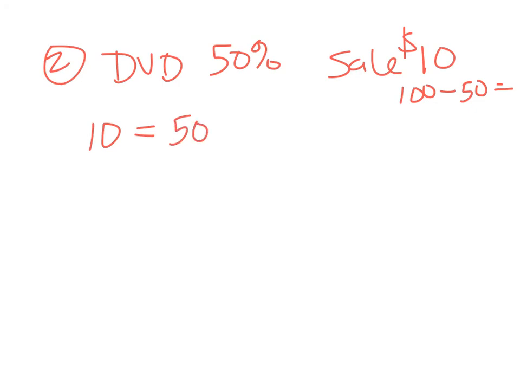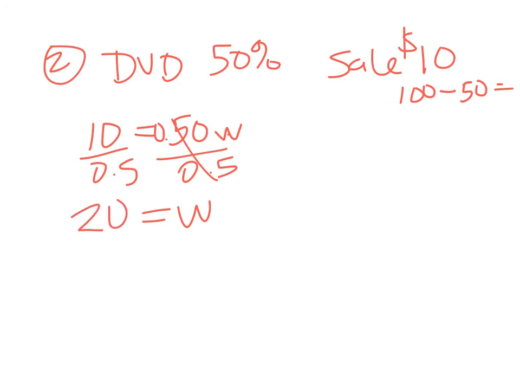So this is 50% of what number? And we make it a decimal. So then I just divide by 0.5. So W equals 10 divided by 0.5, which is 20. Well, that would make sense because with 50%, you would just double this if you want to do it in your head. So the original price was $20.